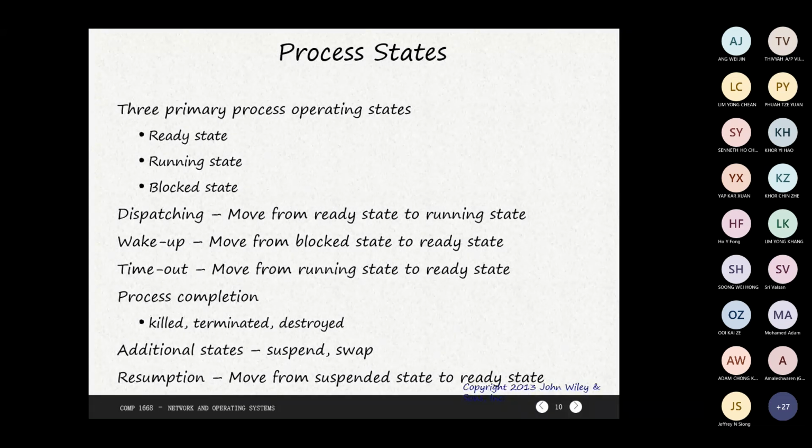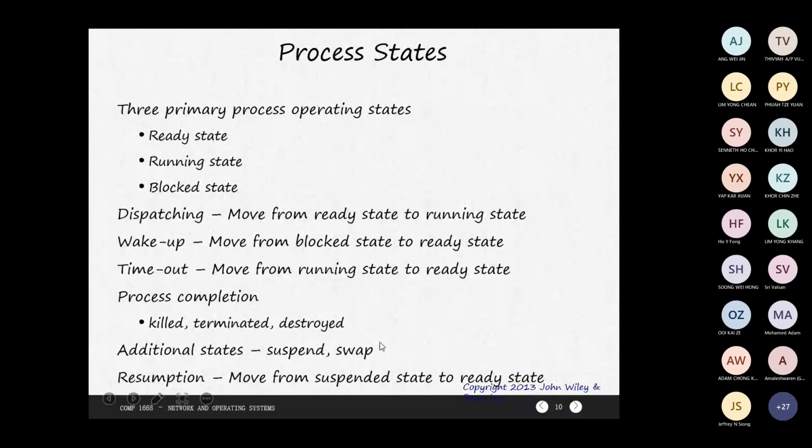Process completion: how you can complete or terminate a process. You can kill the process, terminate or stop the process, or completely interrupt and destroy the process. You can do all that. And of course, you know what the commands are. Either you use the GUI or you use the command line to do that. Additional states, like what I mentioned earlier, we have suspend, and sometimes we do swap.